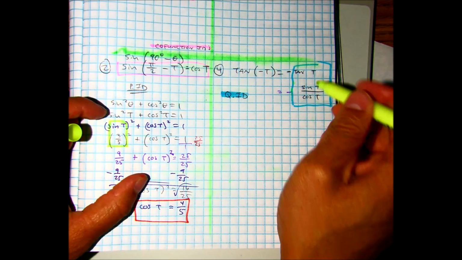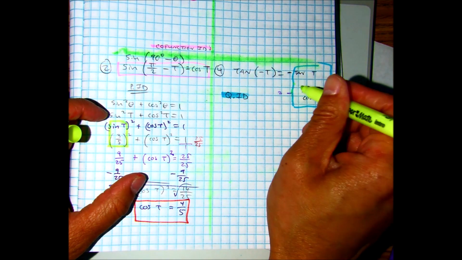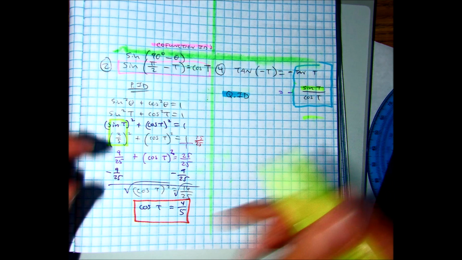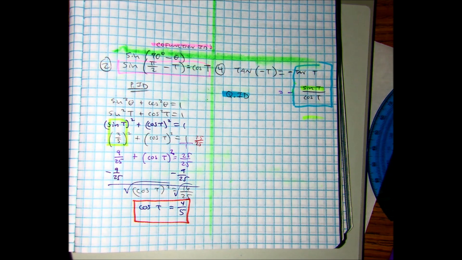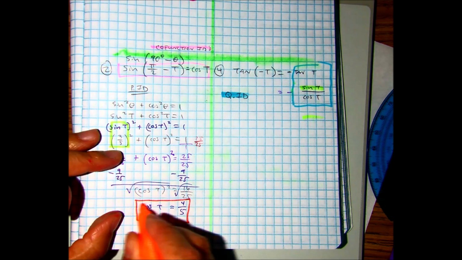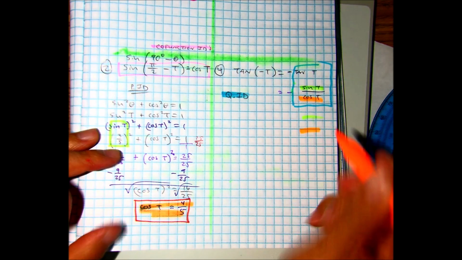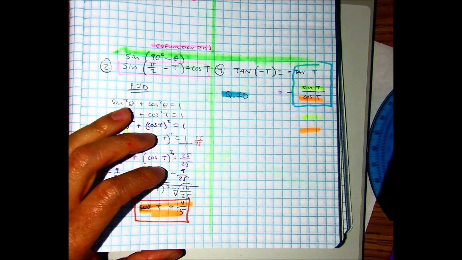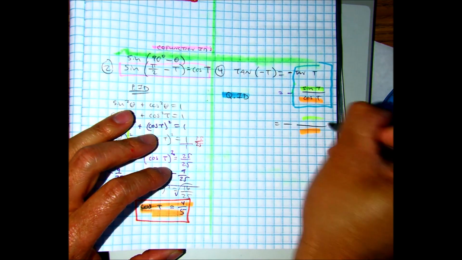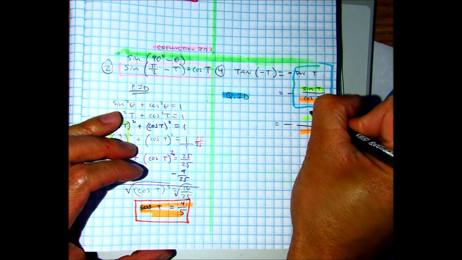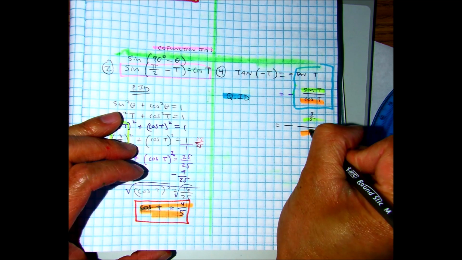So now I have sine of t is 3/5. Cosine of t is 4/5. So I have 3/5 divided by 4/5.